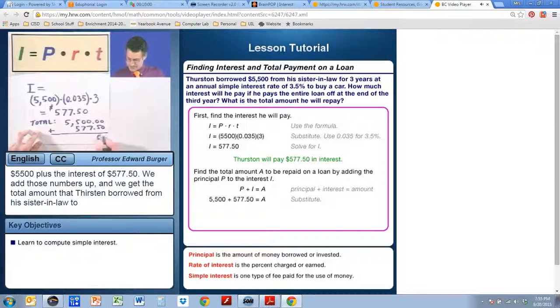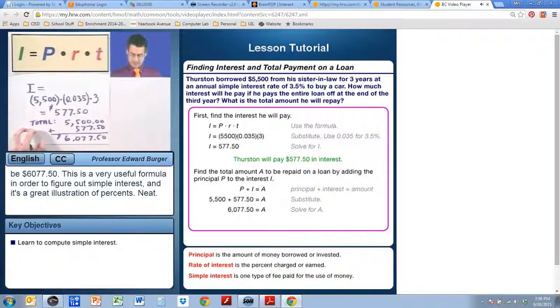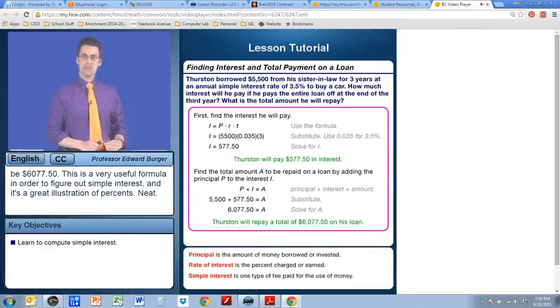We add those numbers up, and we get the total amount that Thurston borrowed from his sister-in-law to be $6,077.50. This is a very useful formula in order to figure out simple interest, and it's a great illustration of percents. Neat.